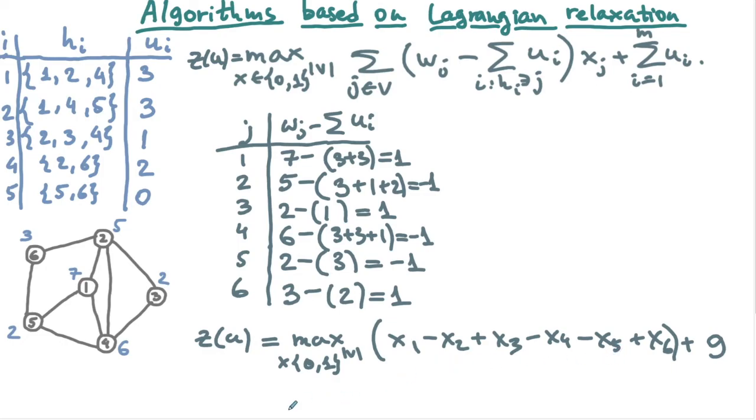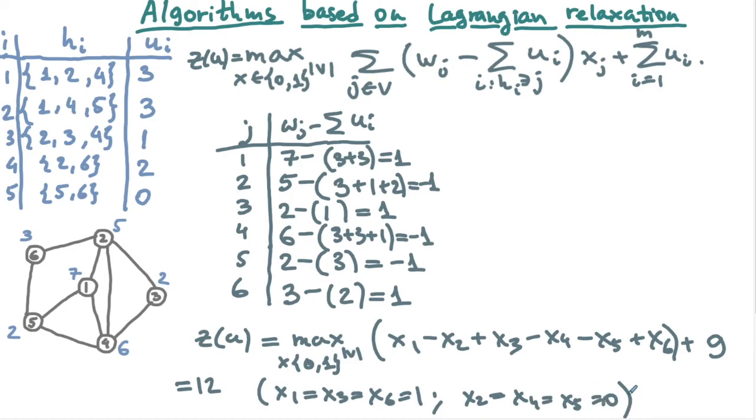And we will obtain the value of 12 by setting x1, x3, and x6 to 1, and x2 equal to x4 equal to x5 equals 0. So this is our upper bound obtained using the Lagrangian relaxation.